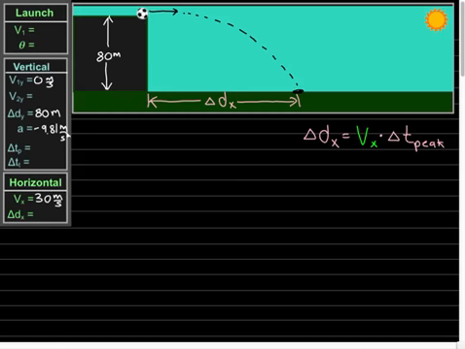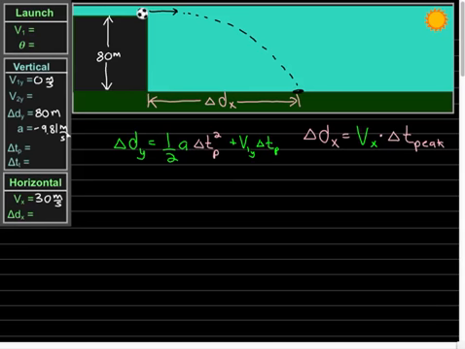So from this information, we look to our four equations of kinematic motion, four equations of accelerated motion, and we come to this equation, that the height of the cliff is going to be equal to 1/2 times the acceleration times our unknown peak time squared plus the initial velocity vertically times the peak time.